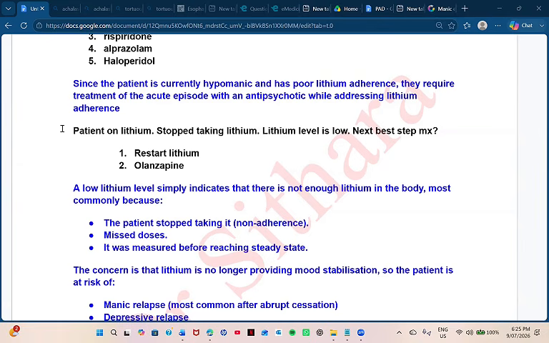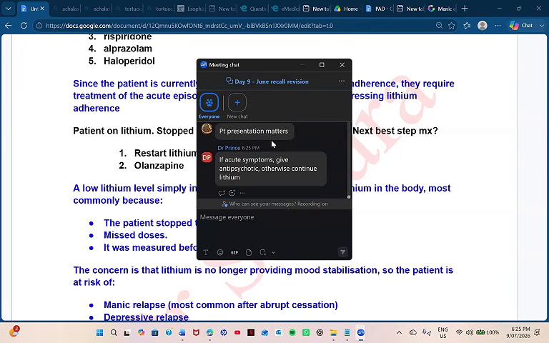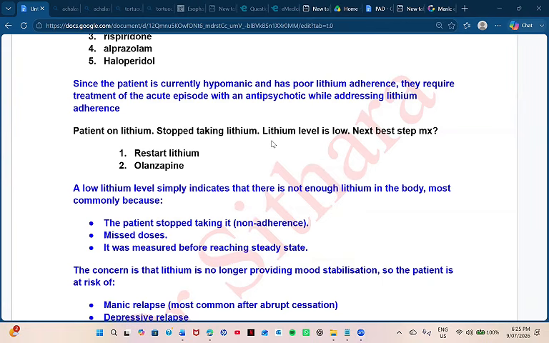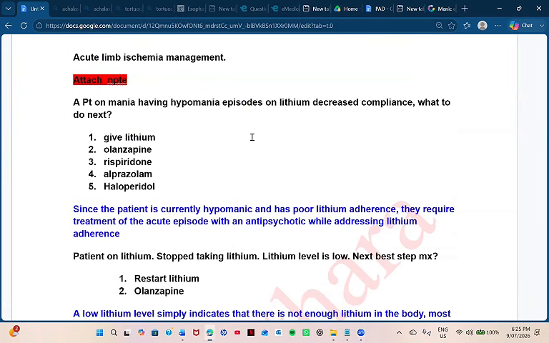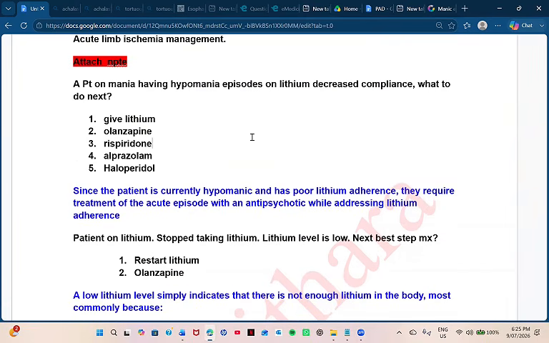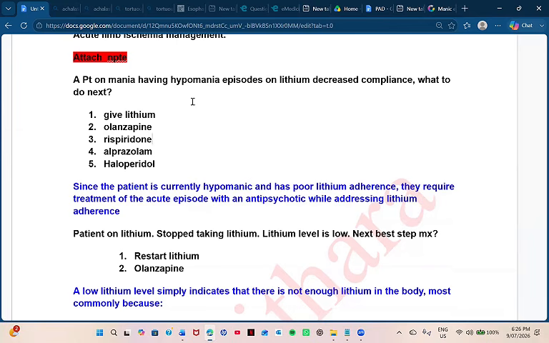start the antipsychotic as well with this lithium, right? That is the way you have to think. I hope this is understandable, because there is only a little amount of the recall stem here. Because of that, you have to think accordingly. But if hypomanic episodes are present, in that case you must give an antipsychotic, right?